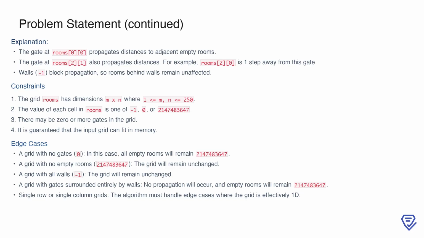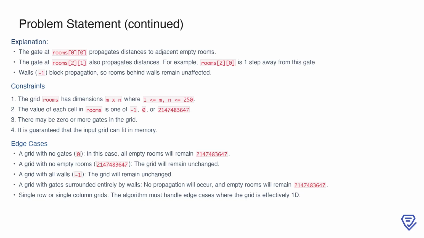For example, rooms[2][0] is just 1 step away from this gate. Notice that walls, represented by -1, block the propagation of distances. As a result, any room that is separated from all gates by walls will remain at its original value of 2147483647.